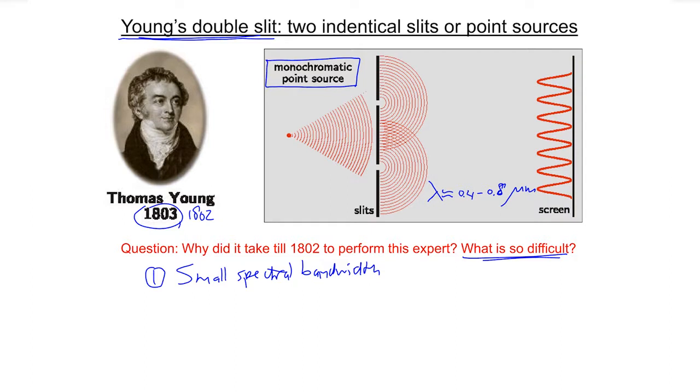If you have light from the sun containing all colors, then things get messy at the screen because you have a multiple of colors, all colors, different interference patterns, and it's difficult to observe interference. So you need spectral coherence.